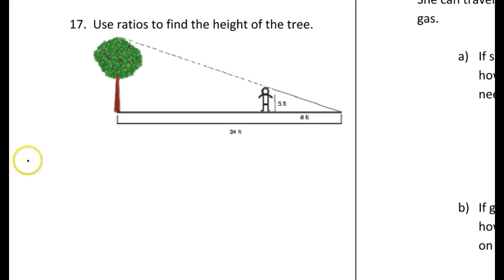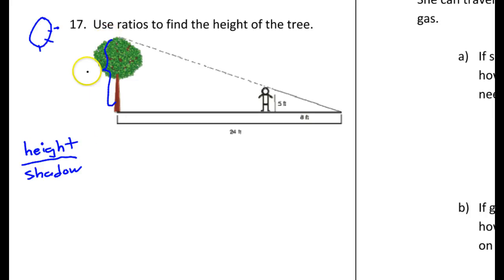Okay, let's do the same setup. Let's do height on top. And let's do shadow on the bottom. And we're assuming there's a sun right here, and it's making a shadow. Okay, so first let's do the height of the tree. We don't know what it is. That's what we're trying to find, so we call that h.